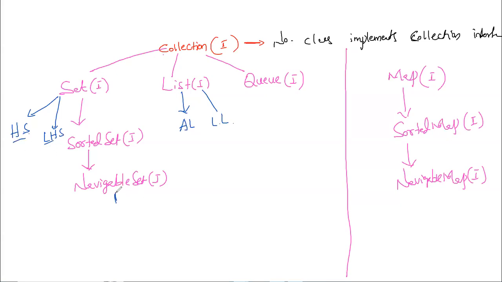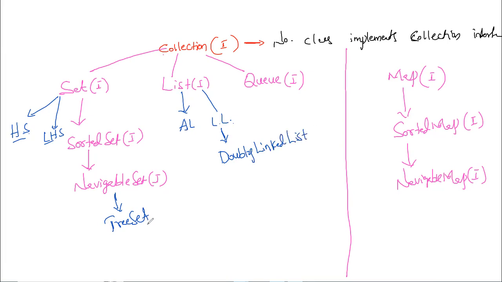And here one more class is there, TreeSet. ArrayList and LinkedList, which internally is a doubly linked list. I didn't give this name yesterday: doubly linked list.